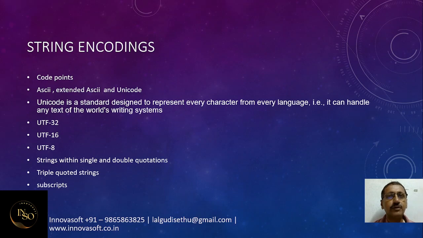In UTF-32, every character takes up 32 bits. That means 4 bytes. The advantage is that you can easily go to the nth 4-byte word just by indexing. But every character occupies 32 bits, that is 4 bytes.